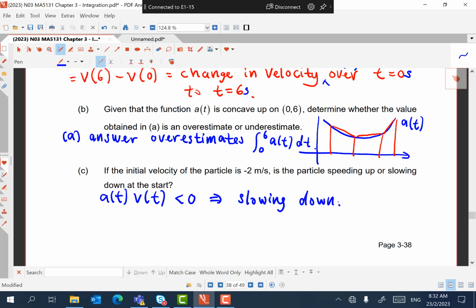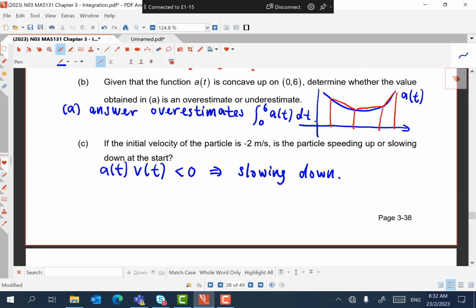If the product is negative, it means slowing down. So for this question, to check whether it is slowing down or speeding up, all you need to do is calculate the product of the velocity and the acceleration at t equals 0.